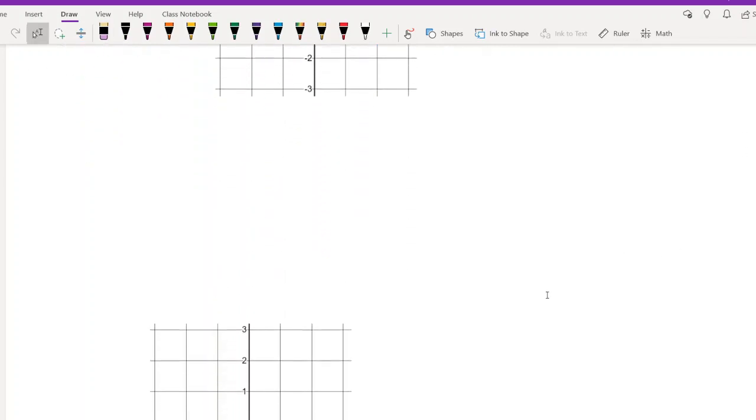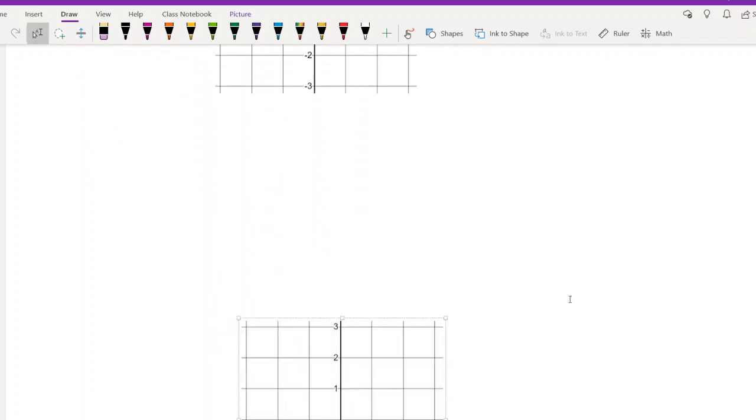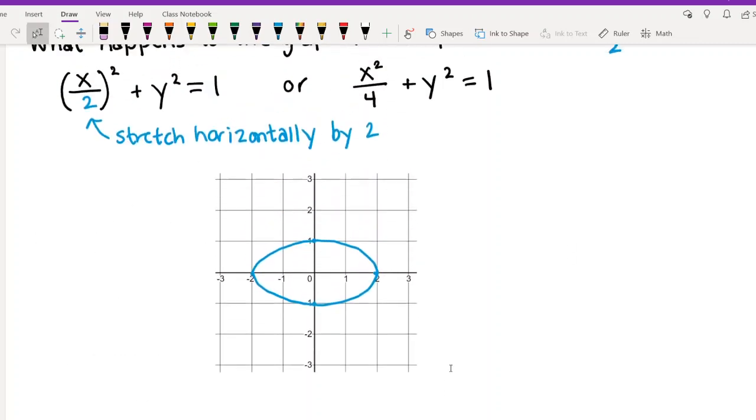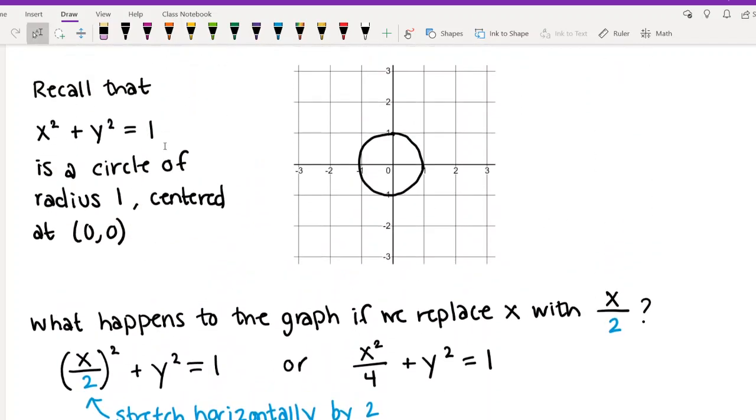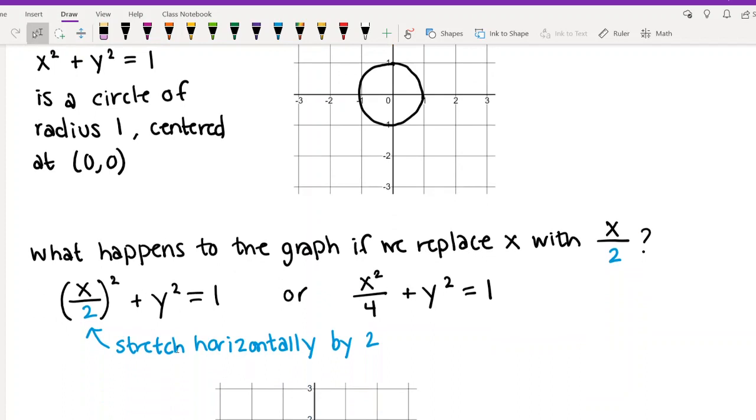So we can actually do the same thing for y. This might throw you off a little bit because we're used to things working differently horizontally and vertically. But because the x and the y are on the same side of the equation when we're dealing with circles and ellipses, you can think of transformations as working the same for both of them.